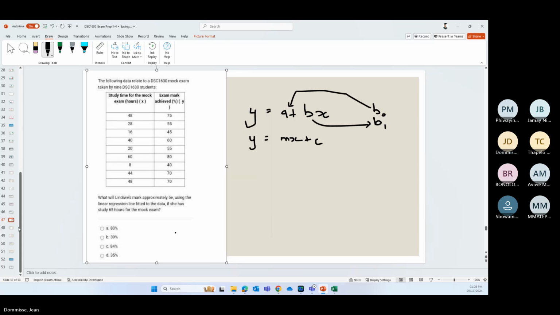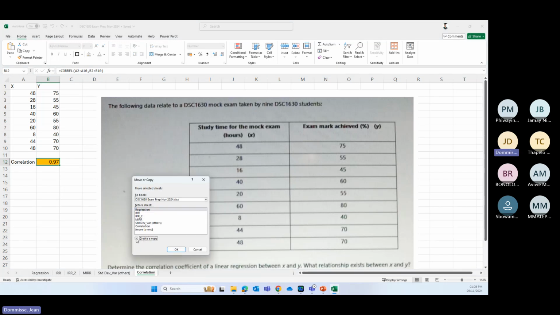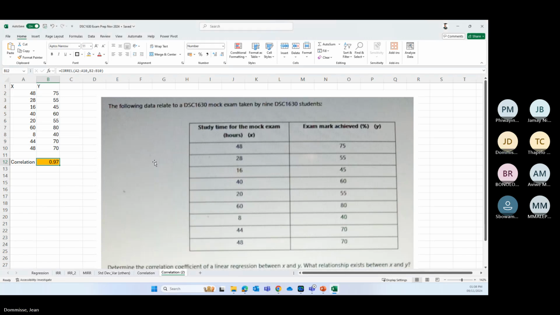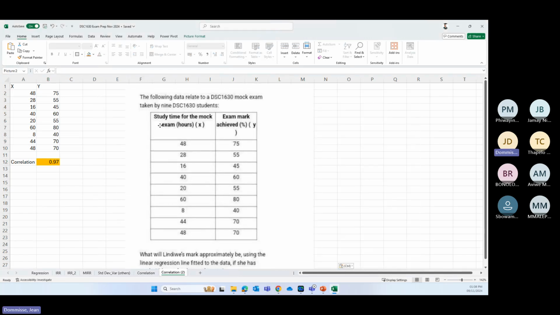But let's just see if this is exactly the same data, so that we can again put it into, move or copy, create a copy. We will just now make sure, but this is a regression.